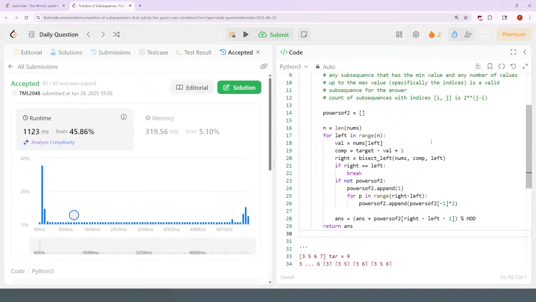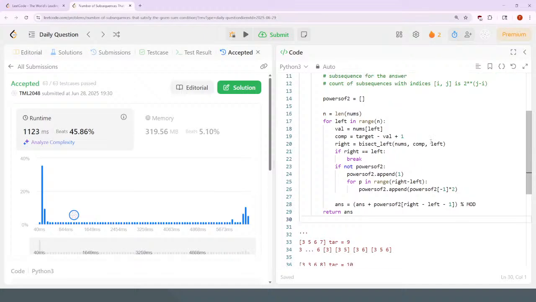That means if you're going from the right side, you're always extending it to the left side. But then if you know where your right side is, you're doing a for loop from your right side to your left side.